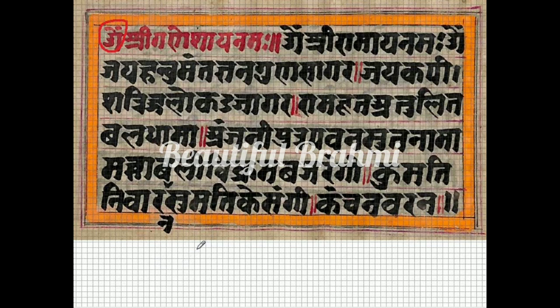The only two punctuations which we have are a single vertical line and a double vertical line. These two vertical lines, known as viramas, are used to denote the completion or commencement of an idea. Since here the salutation of Lord Vigneshwara has ended, he has put down two vertical lines, a viramam.